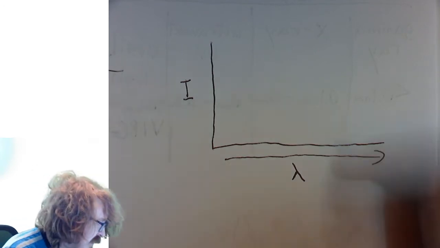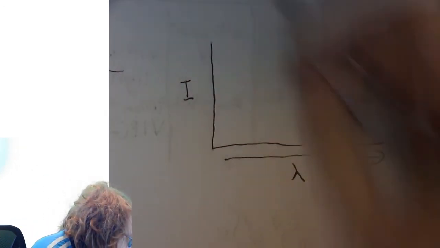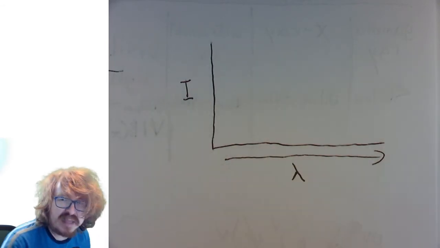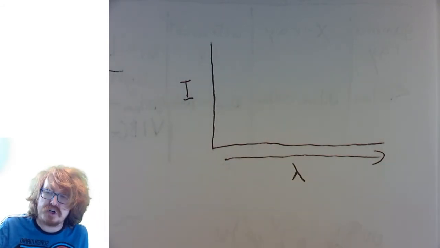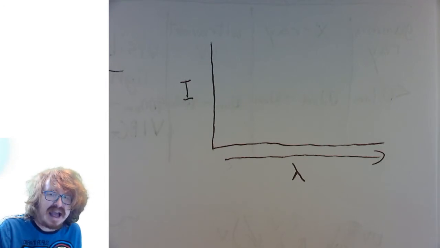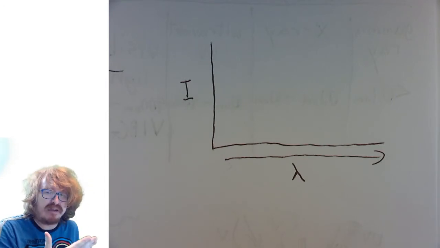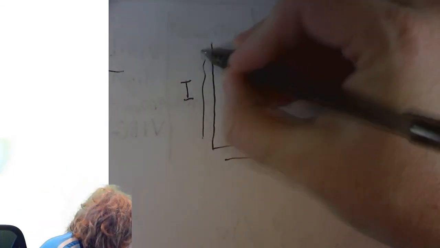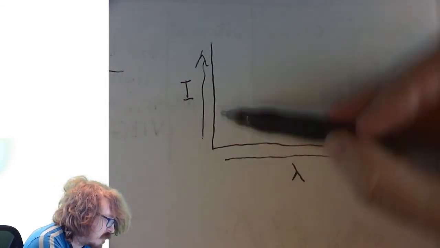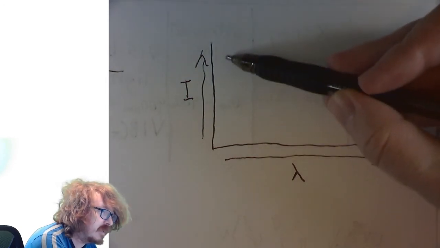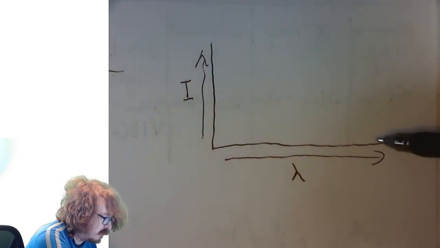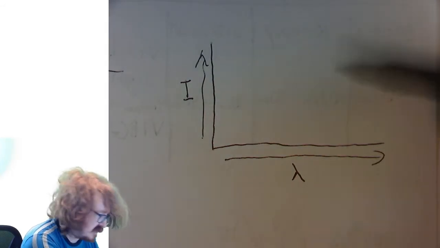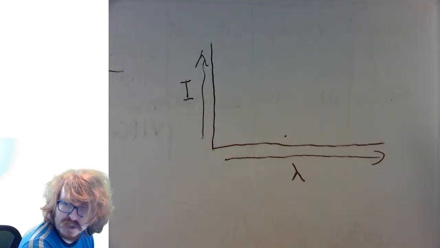So this is basically a graph that tells you how bright every wavelength is from that object. A spectrum, you can think of it as a graph of intensity of every wavelength of that object. If an object was giving off a lot of gamma rays, this part of the graph would be really tall. If it was giving off a lot of radio, this part would be really tall. And if it was giving off a lot of visible, the middle would be really tall.